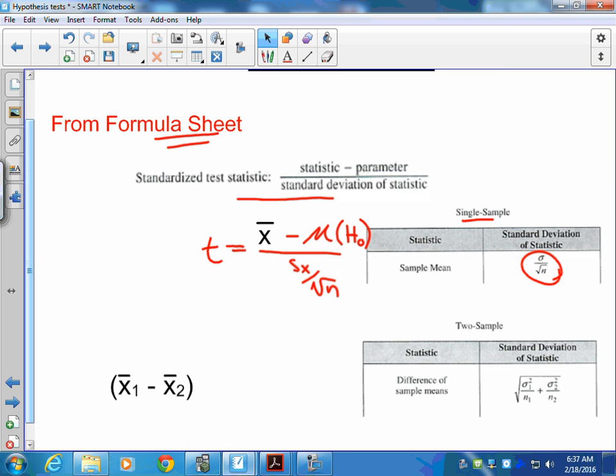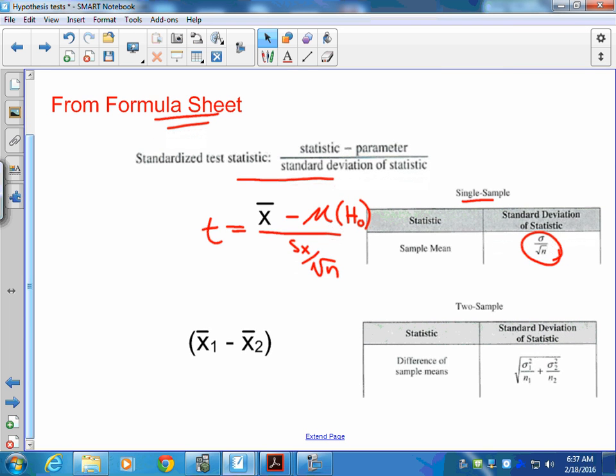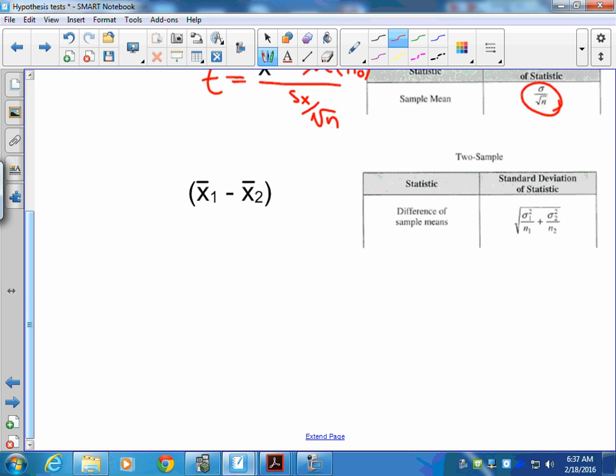Now if it's a 2-sample situation, it's a little bit easier. There's more work required on the front end to get some of the values, but our t-value is always going to be minus 0 because we're assuming that there is no difference between these two values.